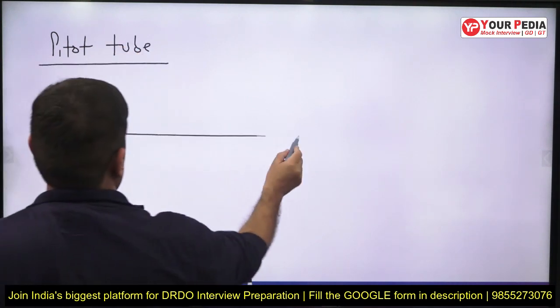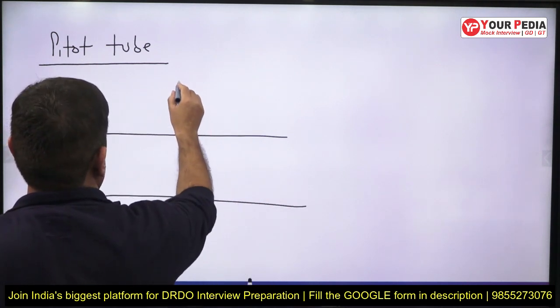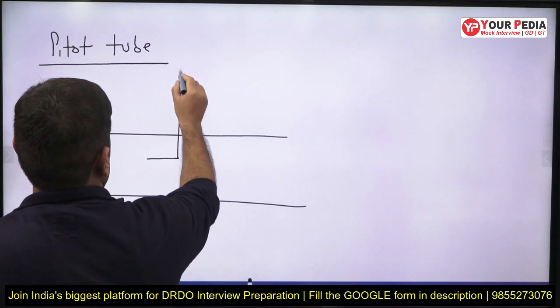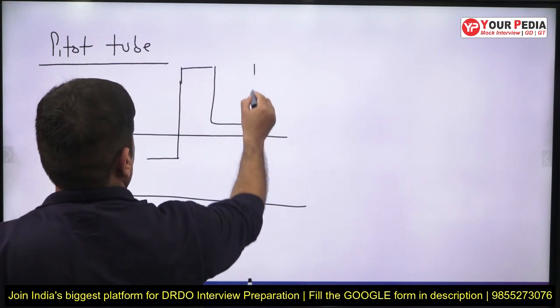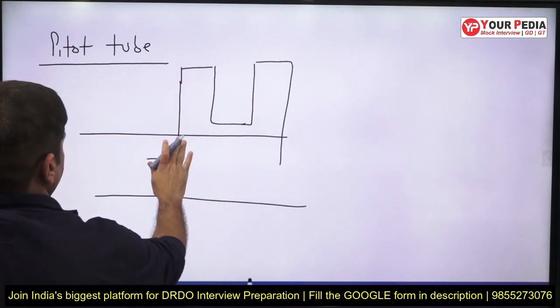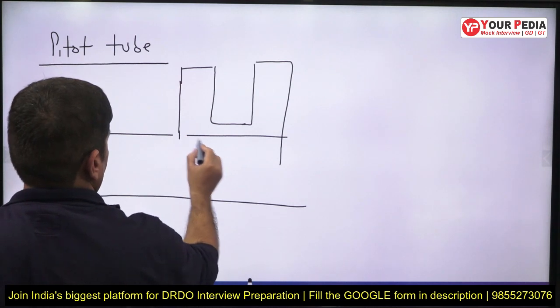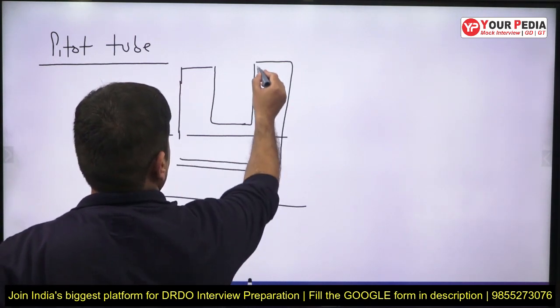Pitot tube. Suppose I want to find out the speed of a particular fluid. Let me make this diagram for you so that you are in a position to understand the meaning of this. I am giving you one pitot tube.